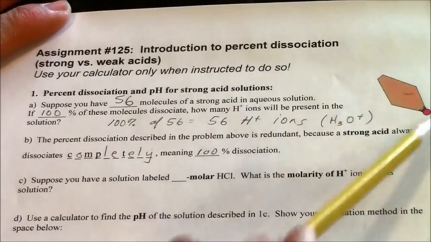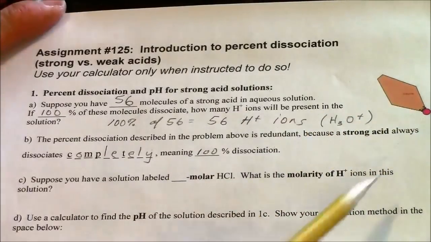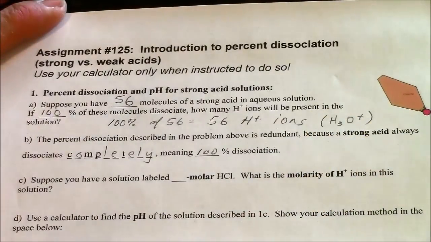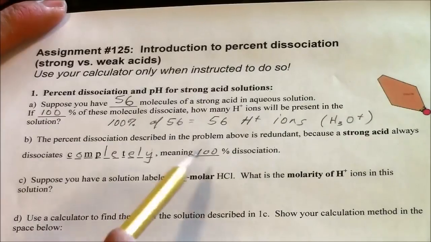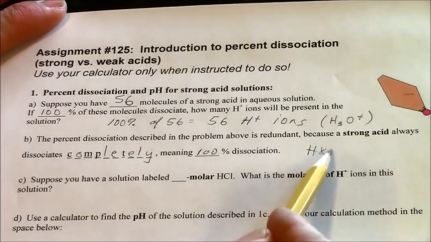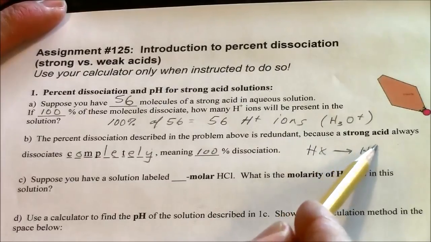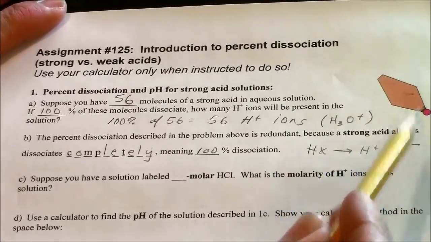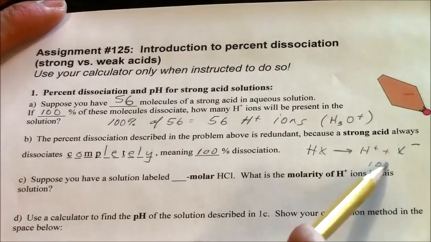So any molecule that has this sort of behavior, where it dissociates and does not reassociate, must have 100% dissociation. HX simply turns into H+ and X minus, 100%.